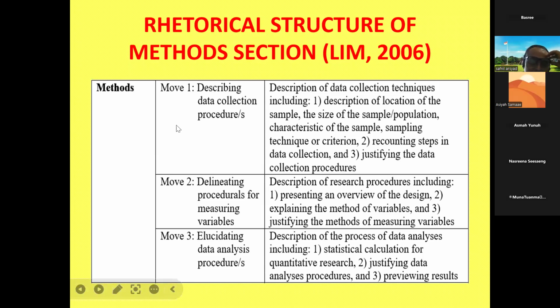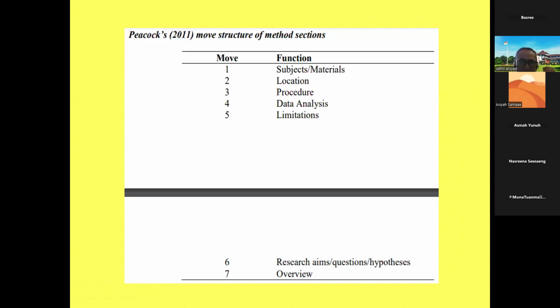Okay, so this is the rhetorical structure of the method section in research articles published in international journals in economics and management, found by Jason Minhua Lim from University Malaya, 2006.